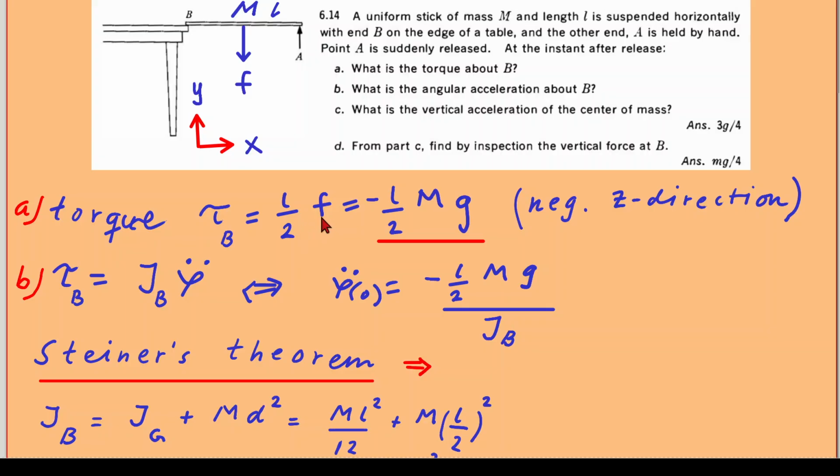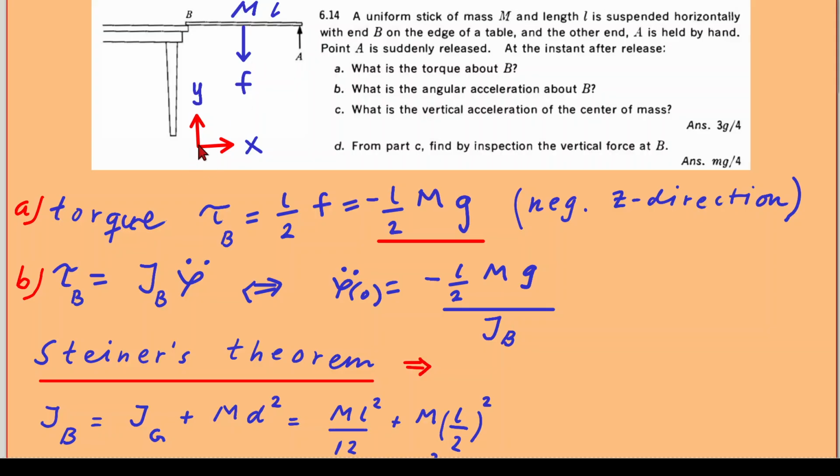And the force is negative. It equals minus mg. So this is the torque. And it's a negative number because it's in the negative z direction. If you rotate this stick, then it will be inwards in the direction.